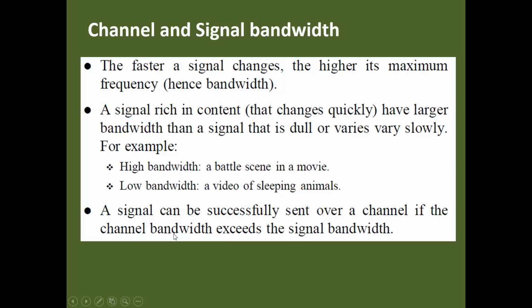Whereas if the channel is offering a bandwidth exceeding the signal bandwidth, then the signal can be accommodated in that channel bandwidth, and the channel will allow the signal to pass through with attenuation within the desired levels.